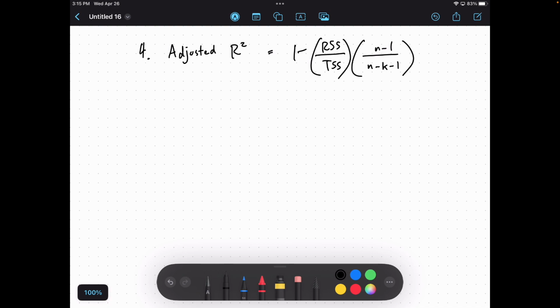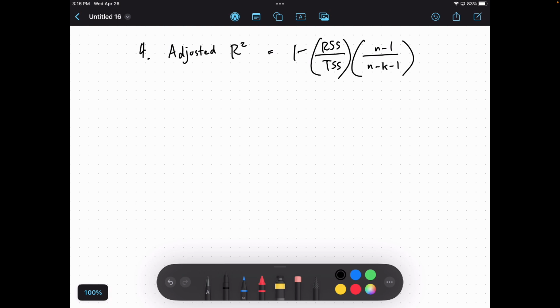The RSS by TSS would essentially get smaller. It's a negative on a denominator, right? So if this gets bigger, the denominator gets smaller. When you divide by a smaller number, then this term gets bigger.